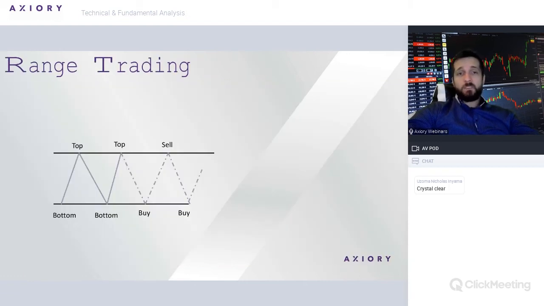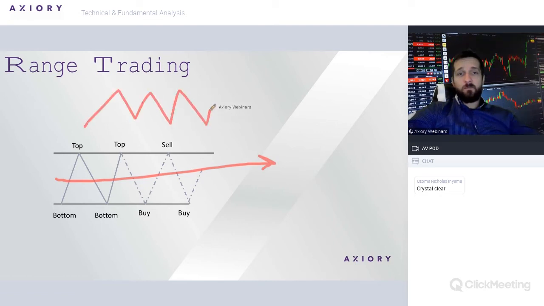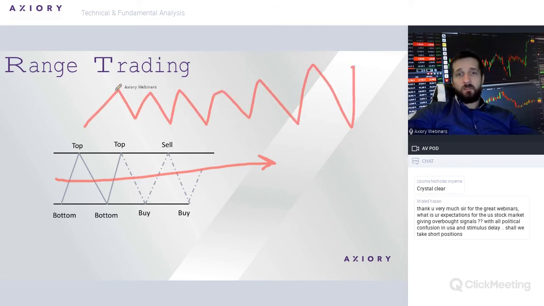You can also have a sideways trend. Remember, we are talking about price following trends. A sideways trend is just range trading, so price is moving sideways from the horizontal resistance to the horizontal support.